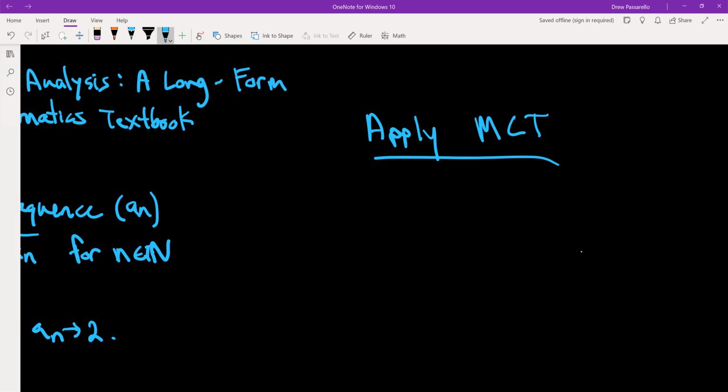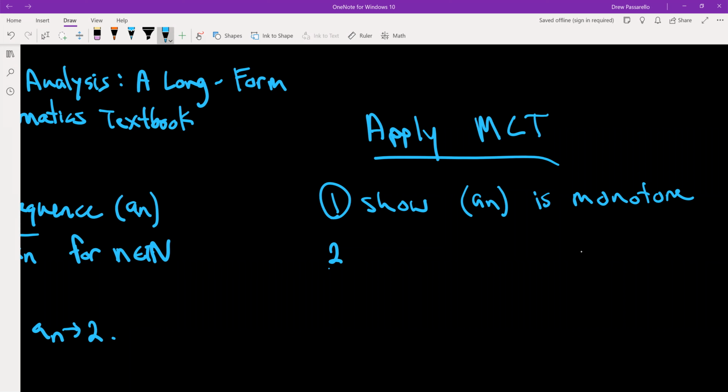And so I need to first show that our sequence is bounded, or show that it's monotone. I'm actually going to do the monotone first. I'll show that our sequence is monotone, and then show that it's bounded.